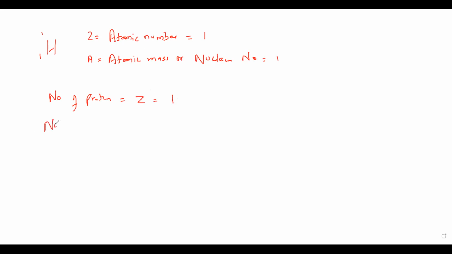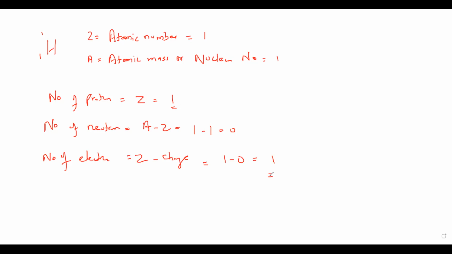If we want the number of neutrons, which we already did in the last session, that is A minus Z, atomic mass minus atomic number, so it will be 1 minus 1, 0. And if we want the number of electrons, because it is a neutral atom, it is Z minus the charge. For a neutral atom, there is no charge, so the number of protons and the number of electrons will be the same.